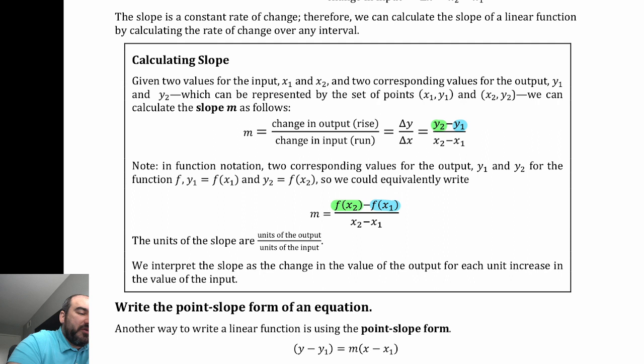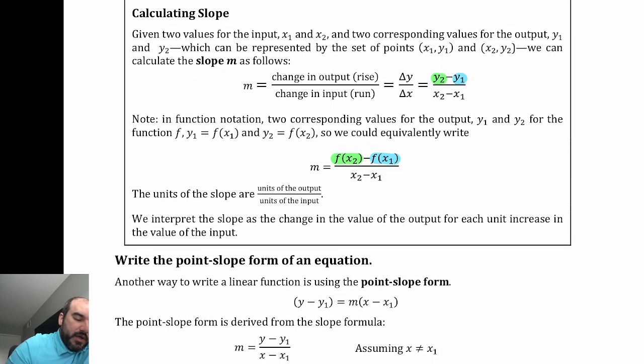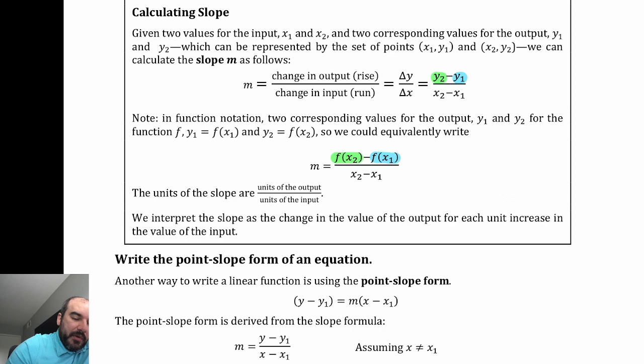They're just output values for different input values, right? So this input value, x2, goes with f of x2. When you plug x2 into the function, you get f of x2. When you plug x1 into your function, you get f of x1. So we do the difference in the outputs over the difference of the inputs.